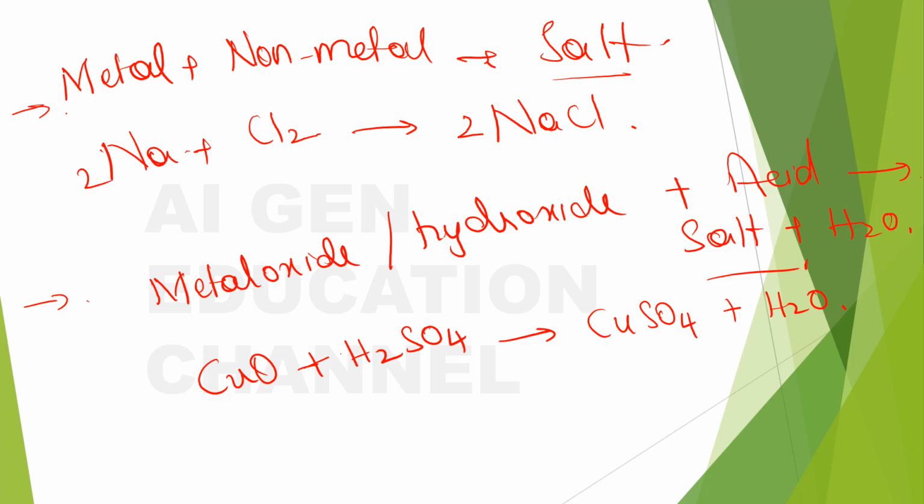Now we will get into the uses of salt. There are many salts, and every salt has its own use. We will look into some of the salts and their uses. First thing is sodium chloride, NaCl.